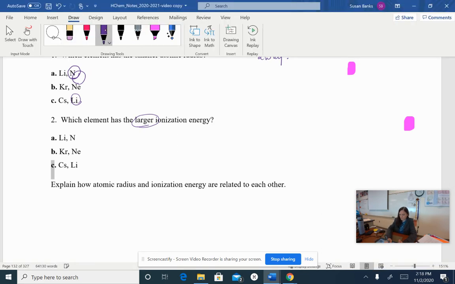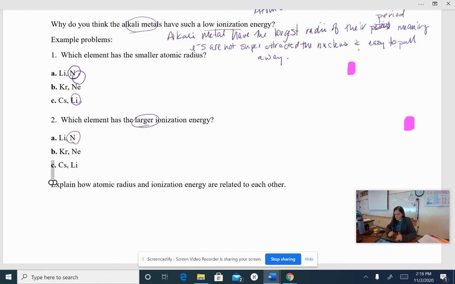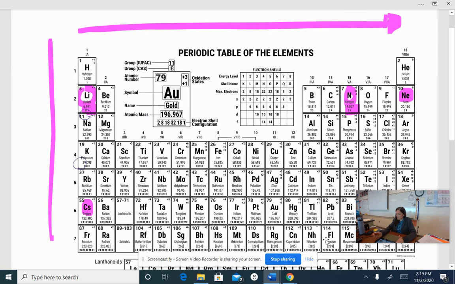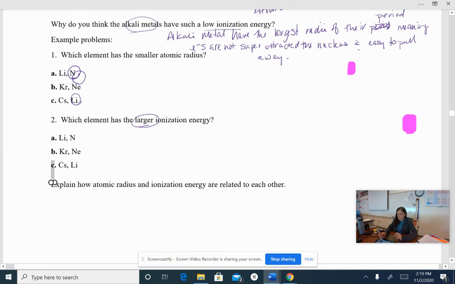Okay, did you get the same answers as above? So between krypton and neon, remember ionization energy gets larger as we go up. So if we're going to look at krypton and neon, neon is higher up on the periodic table. So neon will have a larger ionization energy.